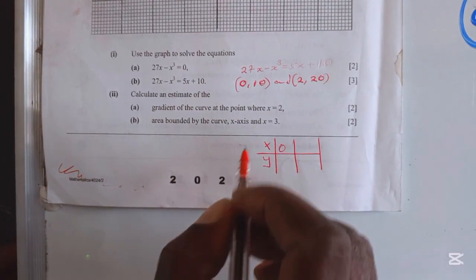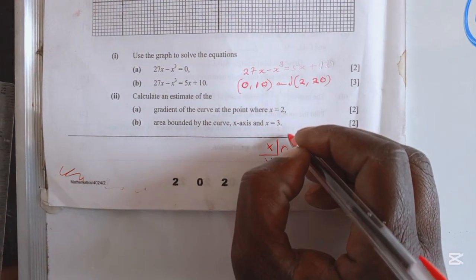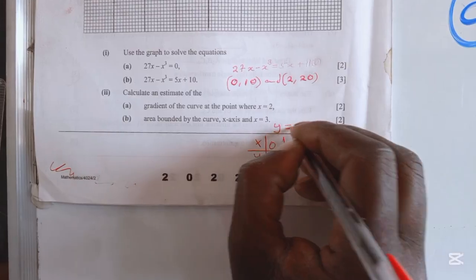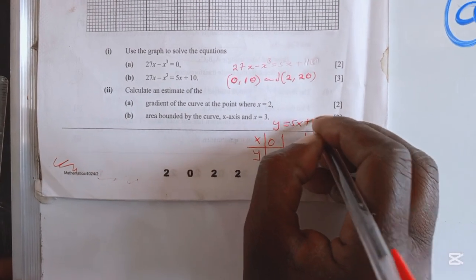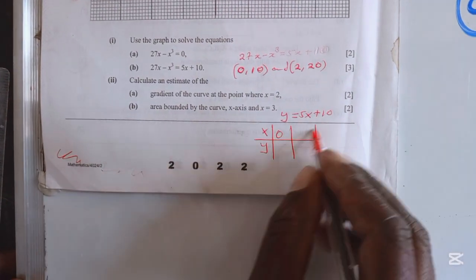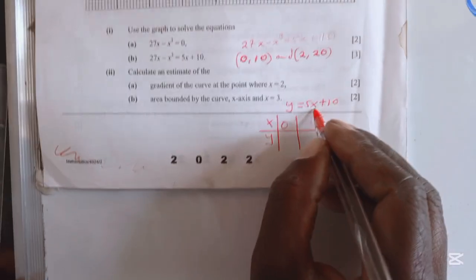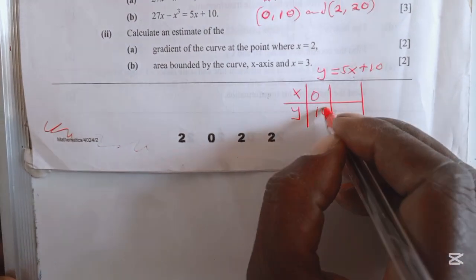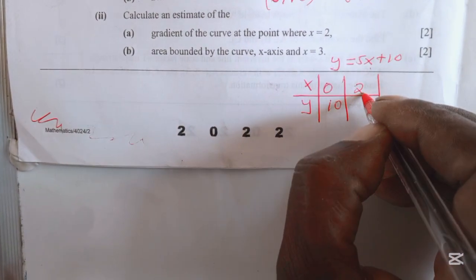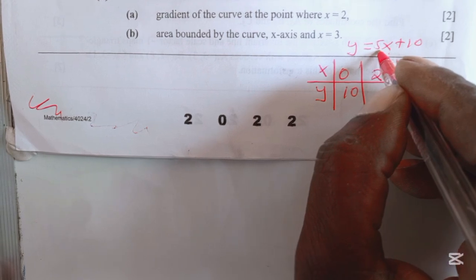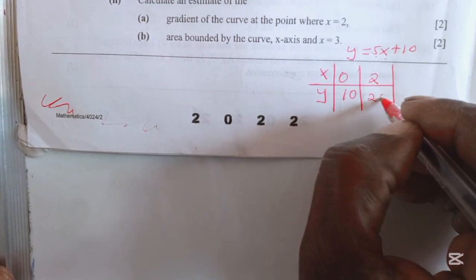Mind you, I want to come up with y is equal to 5x plus 10. If you replace a 0 there, here we have a 10. When you put a 2 there, 2 times 5 is 10, plus this 10 equals 20. So these are the points I came up with.